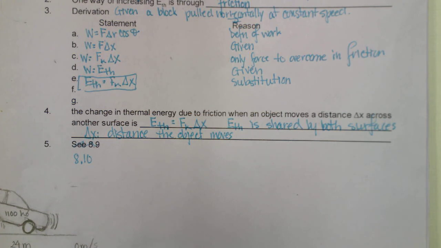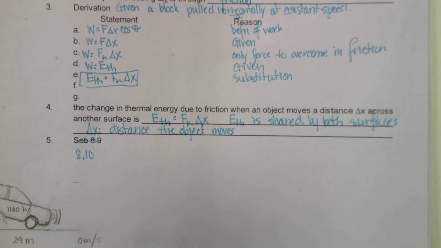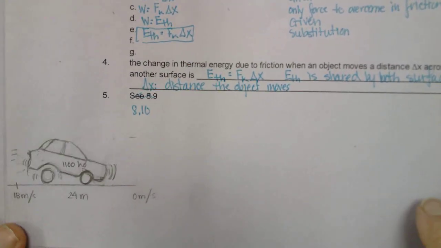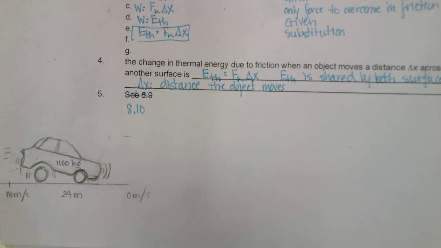And I have to ask myself, is there something outside the car working on the car? Friction is built into the system. Let me say that again. Friction is going to be built into the system, and that's not going to be something acting outside of it.